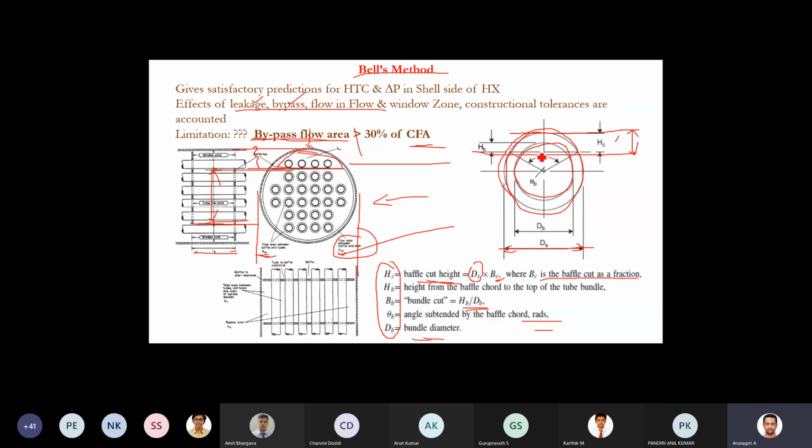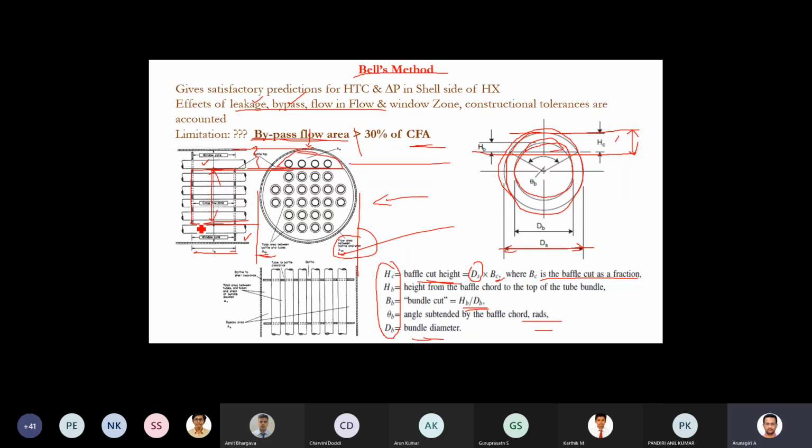You should know the number of tubes here. The total number of tubes in the bundle you know, but some of these tubes will go into the window zone. These tubes normally will be accommodated in the cross flow zone. If you have two baffles, in this case you have to remove the number of tubes available in this window zone and the number of tubes available in this window zone.